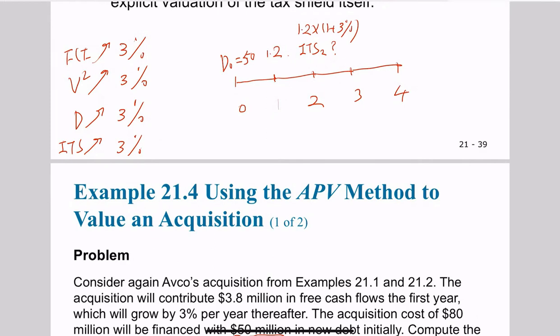So basically, if we want to value the present value of the interest tax shield, you can see that we have the following data points. First, we have the first year's interest tax shield, which is $1.2 million. And then we have the growth rate, and it's a constant growth, which is 3%. And then the only thing we want to know is what kind of discount factor we should use to discount these interest tax shields.